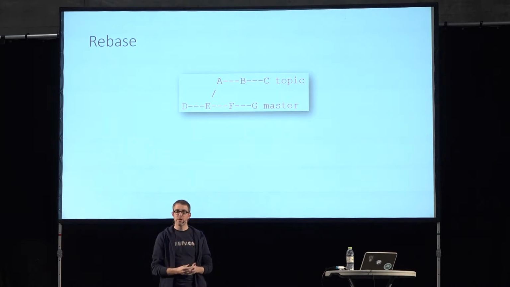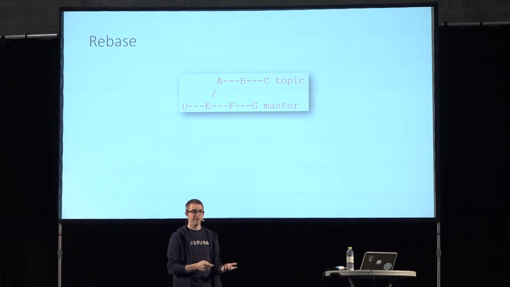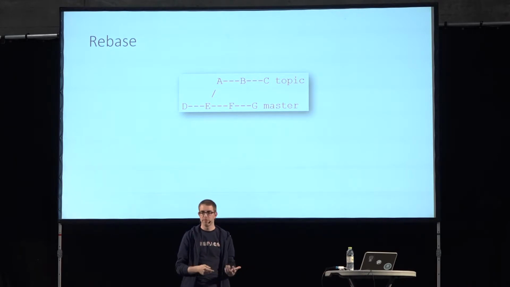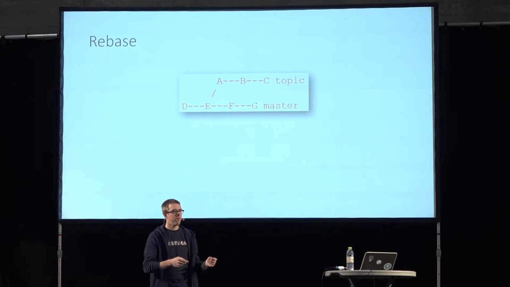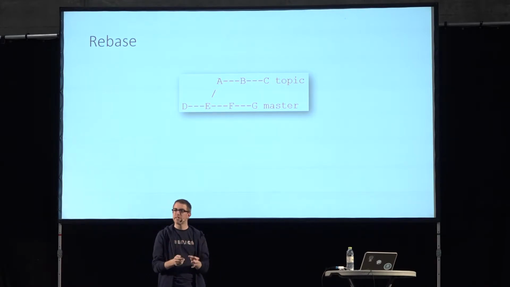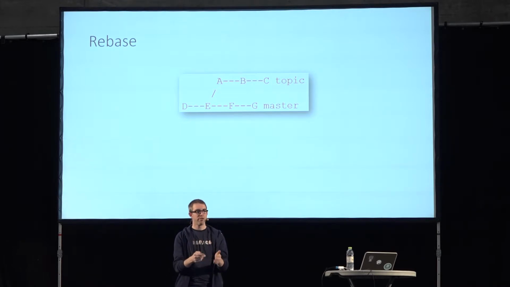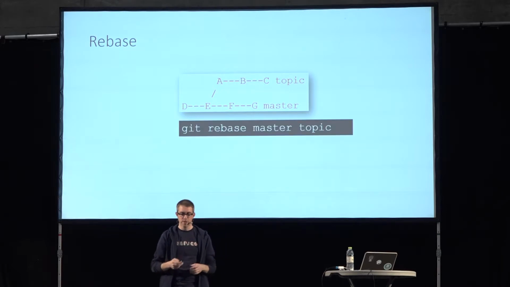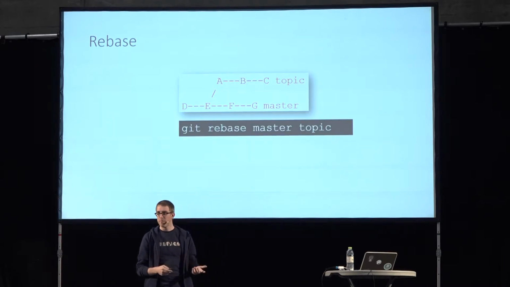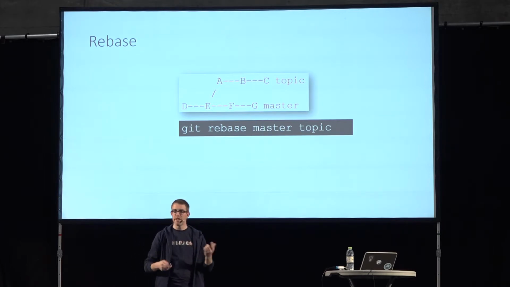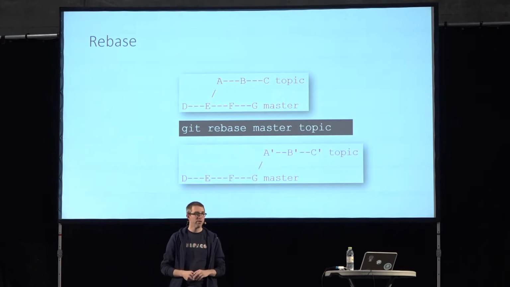In most of the GUIs, when rebase is supported, not in Visual Studio 2017, I think it is in 2019, you need to understand what current branch or head is. But you already know by now, so if you do a rebase master topic, or you can use, of course, any GUI, then it will look like this.